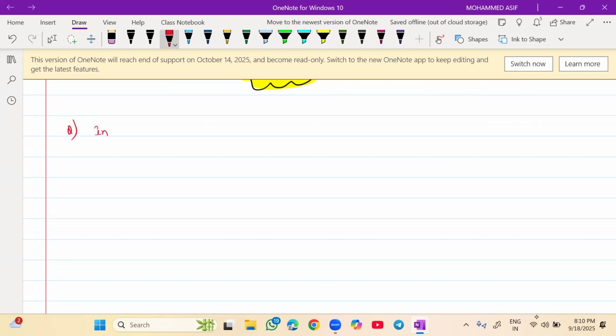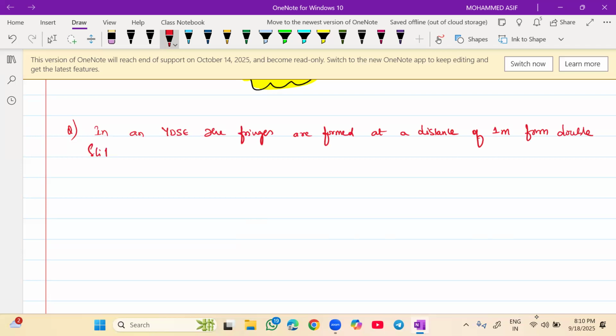See, in a YDSE, the fringes are formed at a distance of 1 meter from the double slit of separation 0.12 mm.